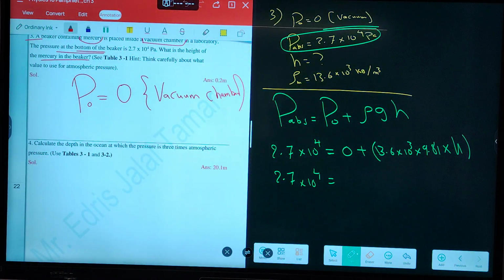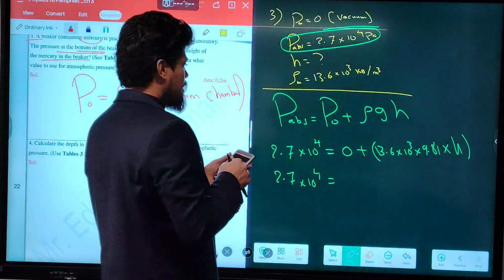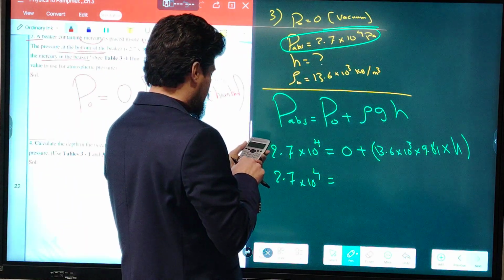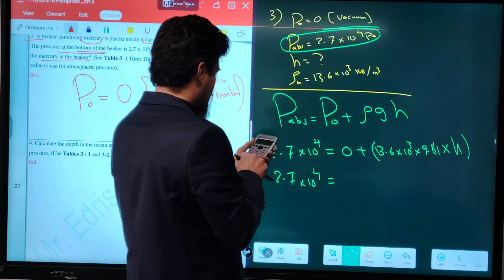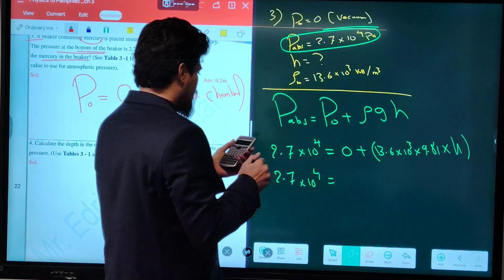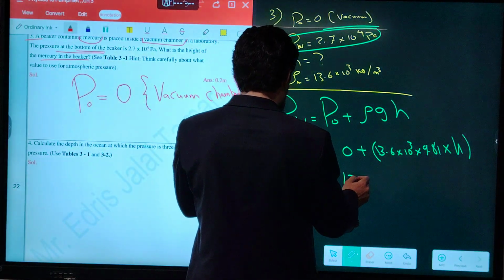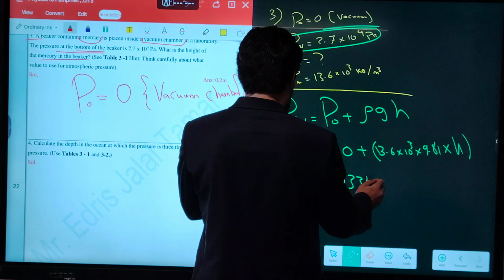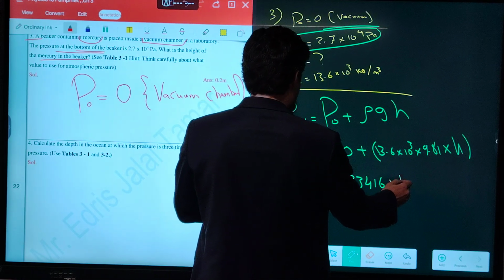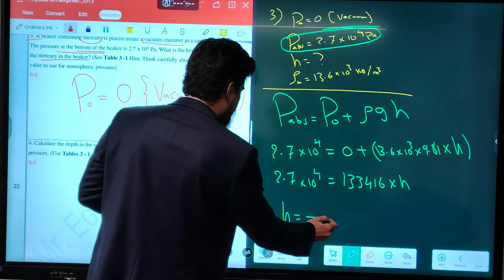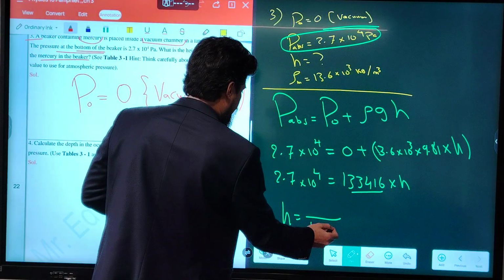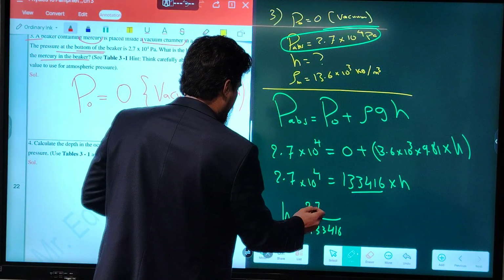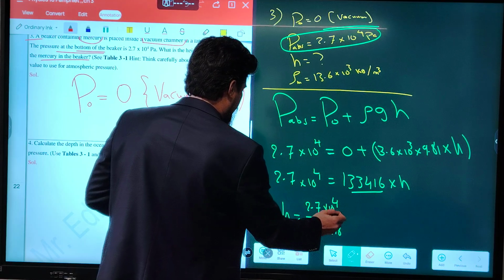Okay, 13.6 times 10 power 3 times 9.81. I got 133,416 times h. H is equal to what? Make a fraction. What we have with the h is 133,416, and we have 2.7 times 10 power 4 here.